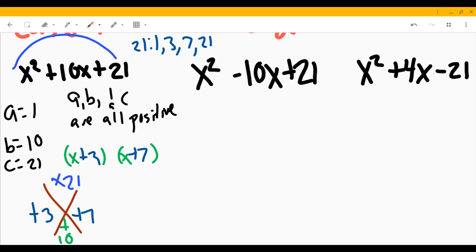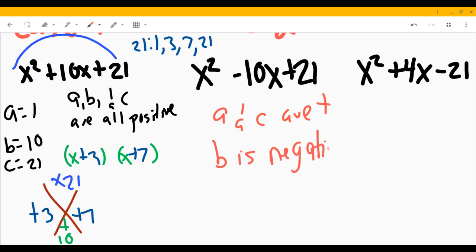Your second example, we'll see here that a and c are positive, but b is negative. So whenever we have the value of b to be negative, but the c value is positive, that means we're going to have two factors that are going to be negative.